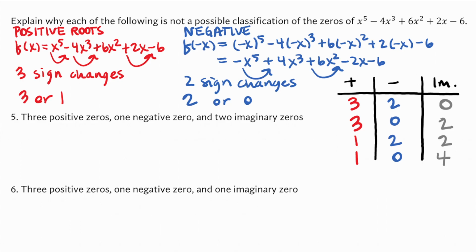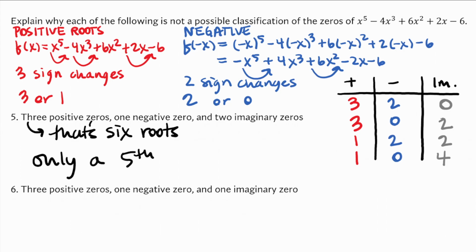I think that's probably the plainest reason, with the fundamental theorem. We can only have up to 5 roots. Okay, 3 positive zeros, 1 negative zero, and 1 imaginary. So that adds up to 5: 3, 1, and 1.